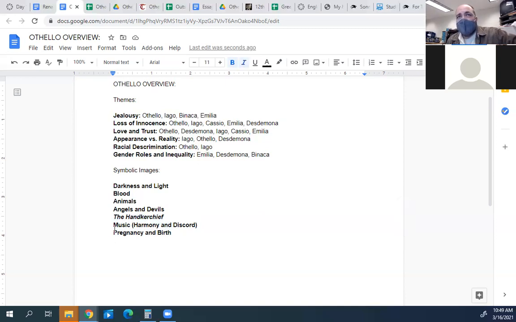It's an important symbol. There's a lot of music imagery throughout, particularly the idea of harmony and discord. Shakespeare uses it to connect to the relationship of Desdemona and Othello. Their relationship is characterized at the beginning as sort of in harmony, this perfect symphony of instruments working together. And Iago sets about trying to ruin that harmony, trying to make the two instruments play out of tune.